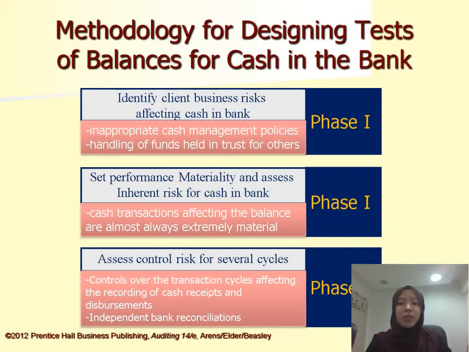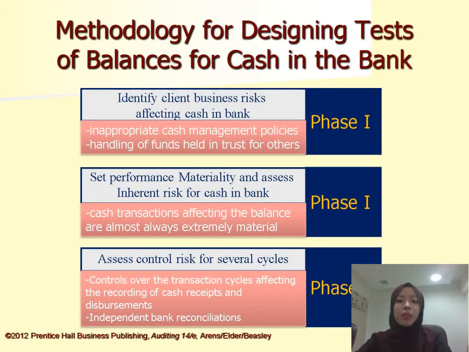Client business risk is more likely to arise from cash equivalents and other types of investments. The auditor should understand the risk from the client's investment policy and strategies, as well as management control that mitigate this risk.